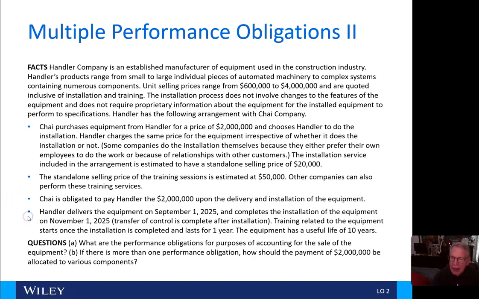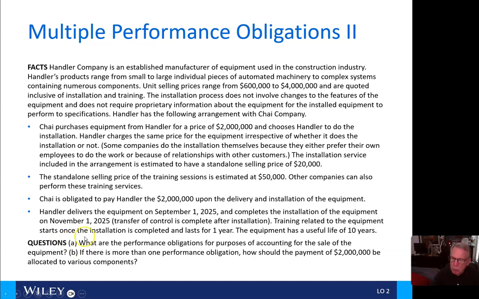Number 4, Handler delivers the equipment on September 1, 2025, and completes the installation of the equipment on November 1, 2025. Transfer of control is complete after installation. Training related to the equipment starts once the installation is completed and lasts for 1 year. And the equipment has a useful life of 10 years.